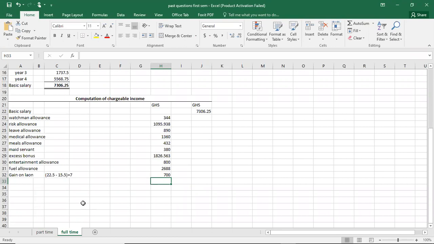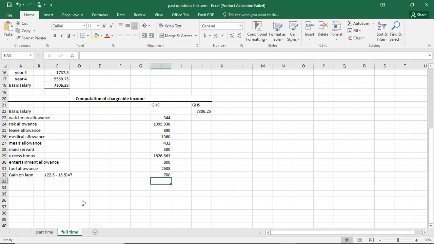Then also strike 15.5 on the loan, which will give you 1,550. Then the difference between the 1,550 and that of the 2,250 should give you the same 700 Ghana cedis.